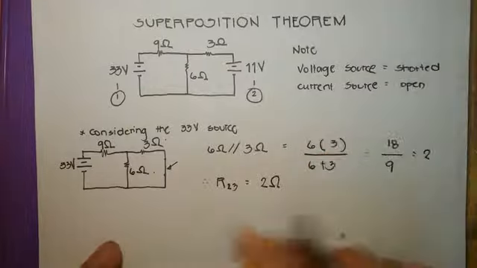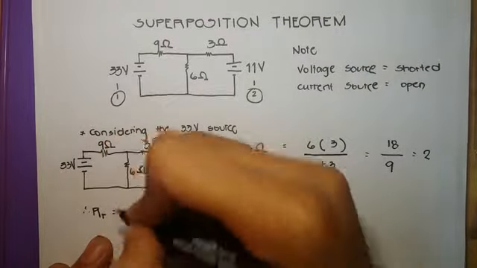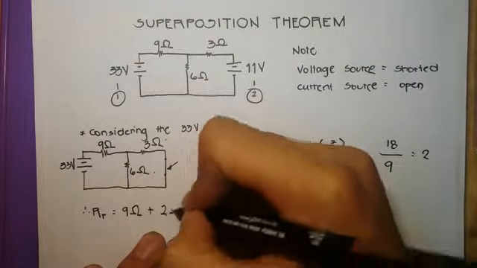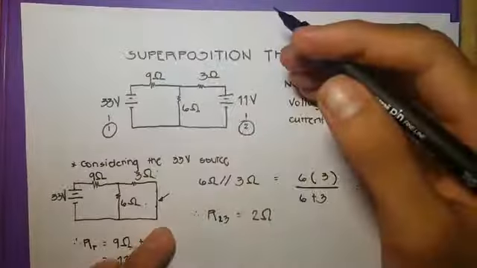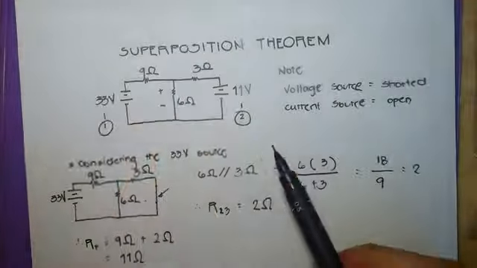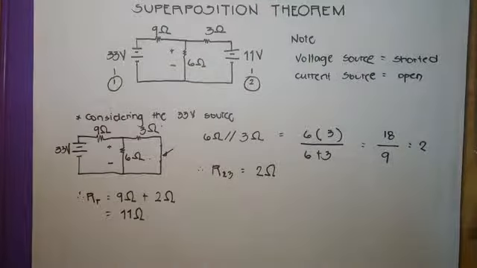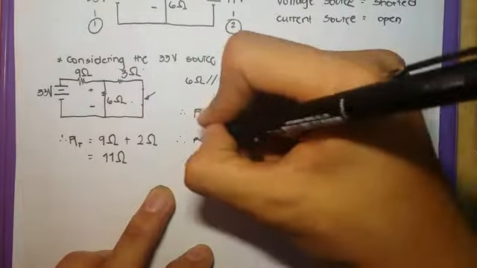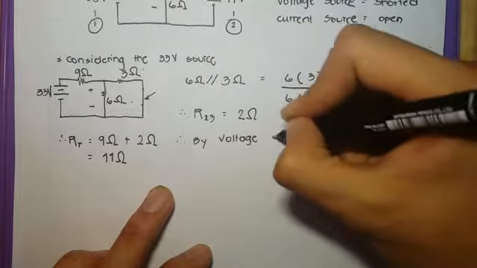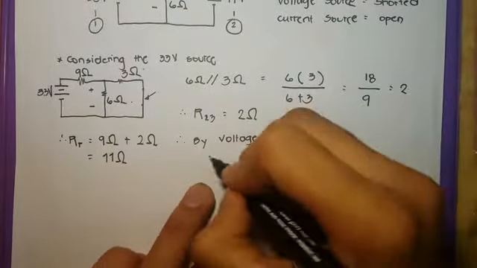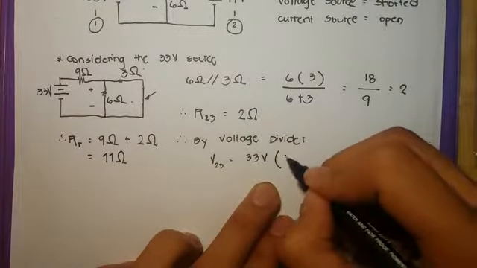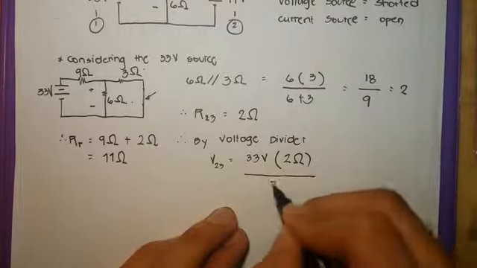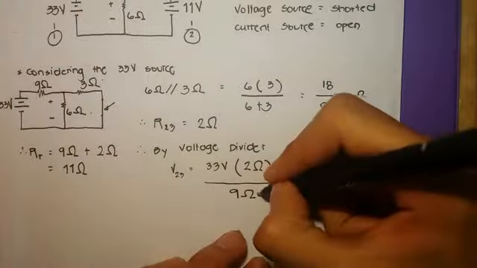RT is now equal to 9 ohm plus 2 ohm equals 11 ohms. So, putting sign conventions in the 6 ohm resistor. Therefore, by using voltage divider theorem, you can now find the amount of voltage flowing in the R23, which is now equal to 30 volt times 2 all over 9 plus 2, which is now equal to 6 volts.